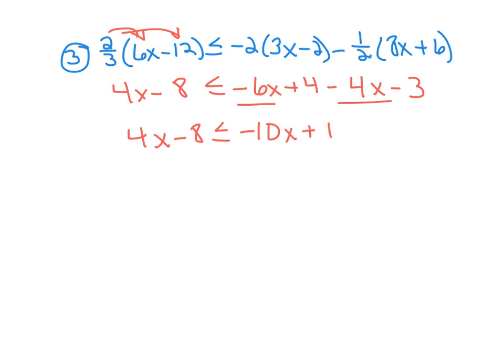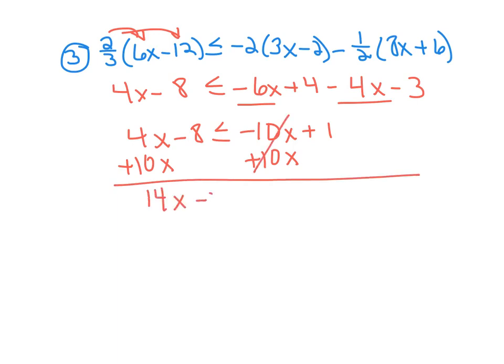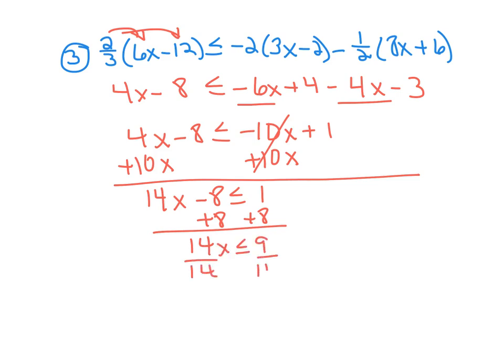Now, I am going to graph this one again, so I'm going to put the variable on the left just to make it easier for me. 14x minus 8 less than or equal to 1. Add 8. 14x less than or equal to 9. Divide. X is less than or equal to 9 over 14.